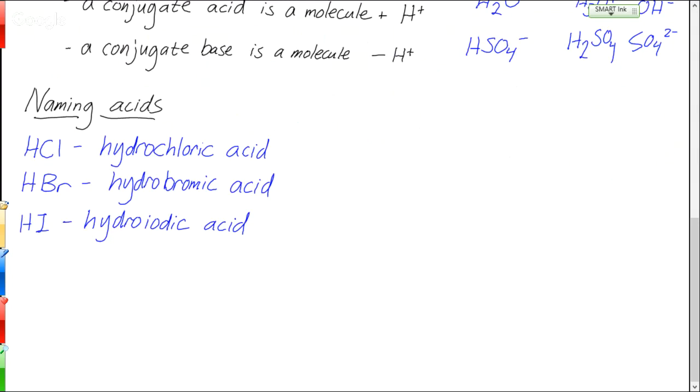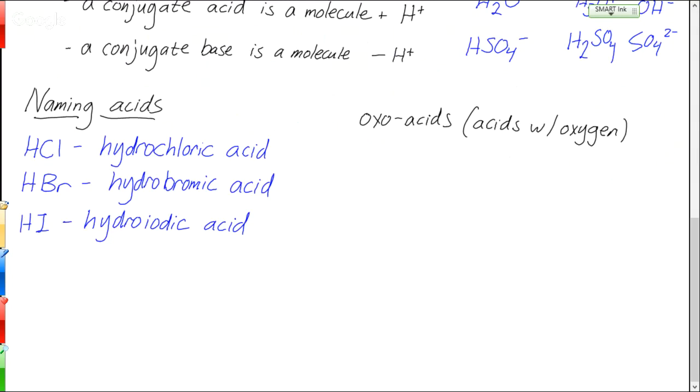What if you don't? Well, there's another category of acids called the oxoacids, which are acids with oxygen. And the difference in naming there is you don't put that hydro at the beginning.